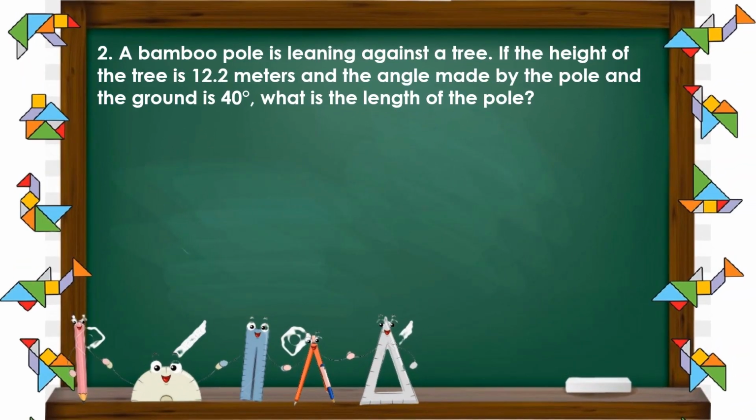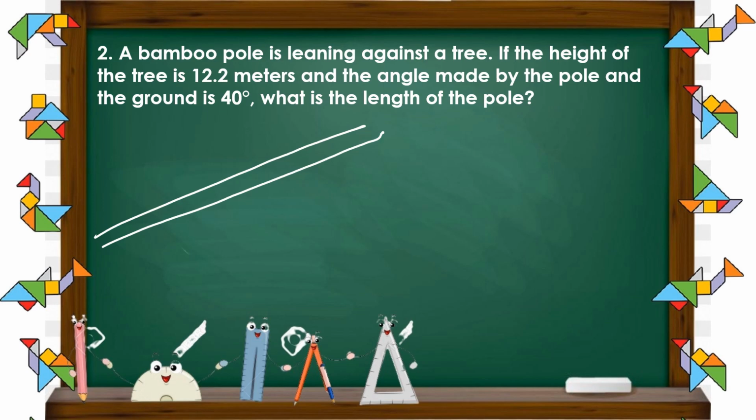Then, we have another question here. A bamboo pole is leaning against a tree. That's just like our ladder a while ago. So, we have a bamboo pole leaning against our tree.